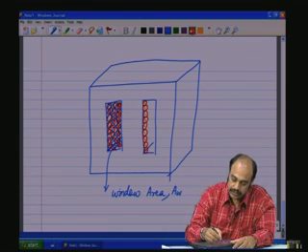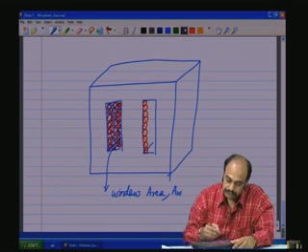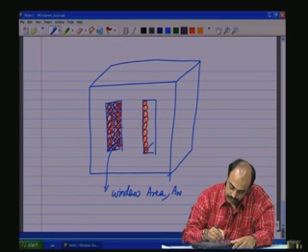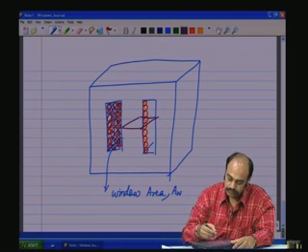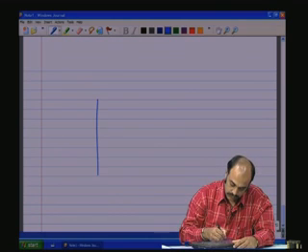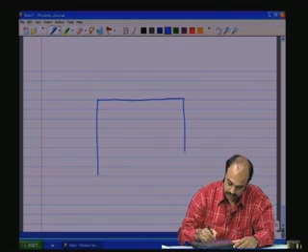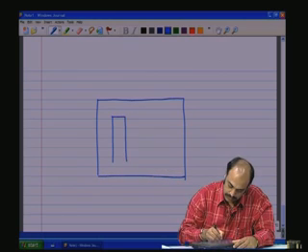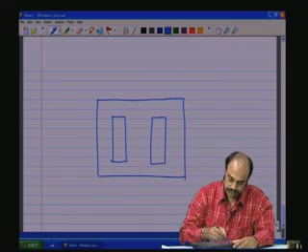There is another important area that you need to bother about. Let me draw the other area which is also very important, and that is the core cross section area.